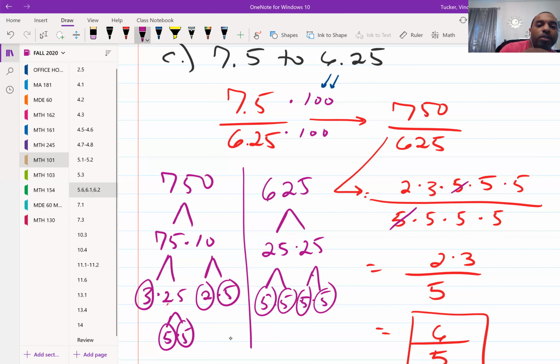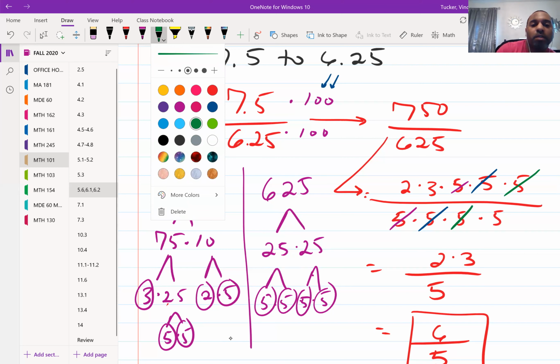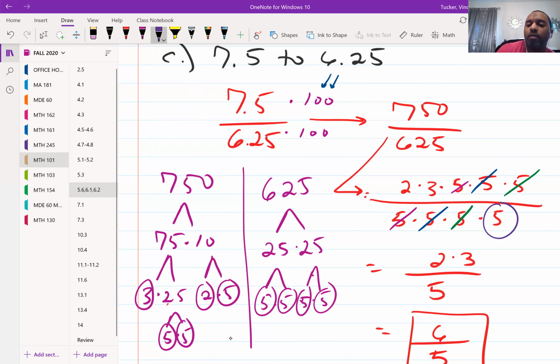So then from there, you just cancel out whatever you have in common. So we have 3 5s that will cancel out with the top and bottom. And what it does is it leaves 5 right here and 2 times 3 up top.